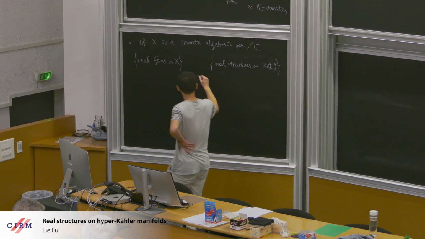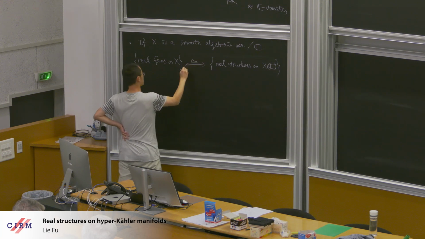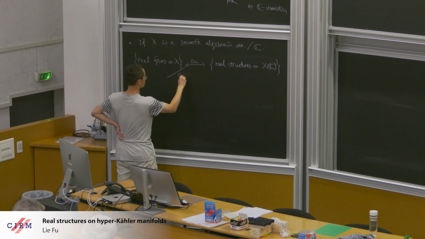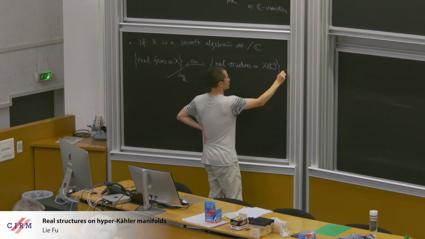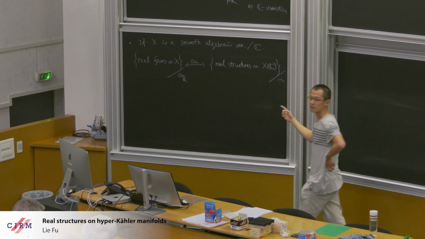They are in bijection in the precise sense that if we quotient out by isomorphism as R-schemes on one side, and by the conjugation relation on the other, then we get a bijection.